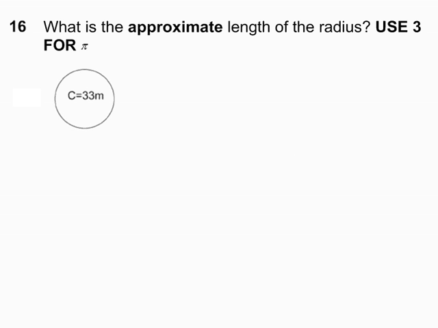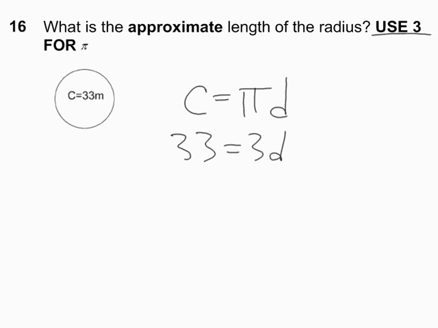What is the approximate length of the radius? Use 3 for pi. All right, so the circumference equals pi times diameter, right? We know that. So we know that the circumference is 33. And since it tells us to use 3 for pi, I'm going to substitute that in here. And it says, what's the approximate length of the radius? Now, I don't know how many people screwed up and put the diameter, but it's the radius.